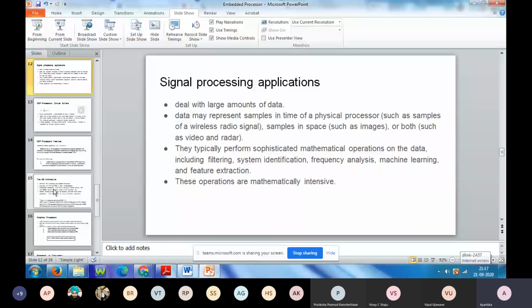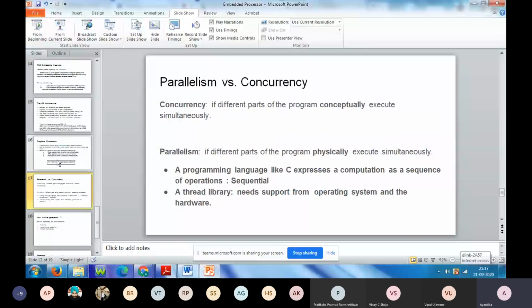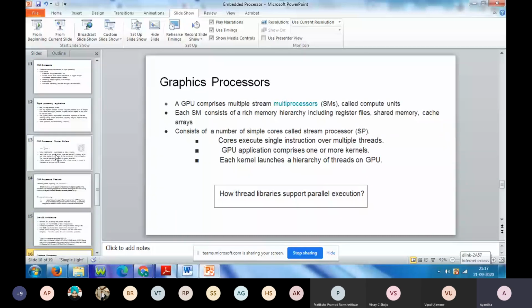Then we will move to some idea about graphics processors. Then we will move to how we can apply, which is very important, parallel processing, the concept of parallelism in this type of processors. We will discuss the pipeline in detail and what hazards are possible in the pipeline. Okay, so that's all for today's discussion.